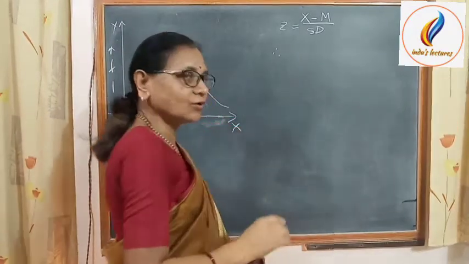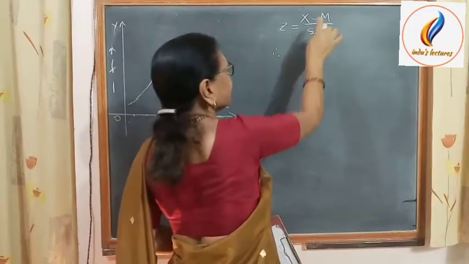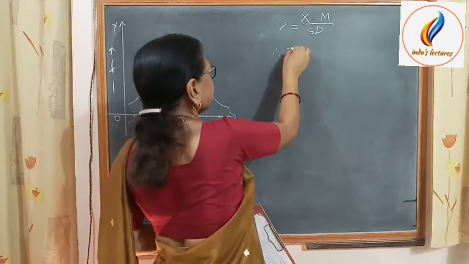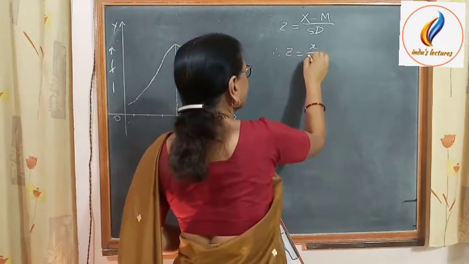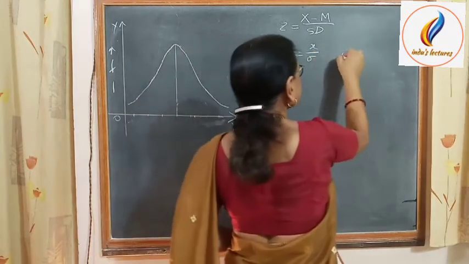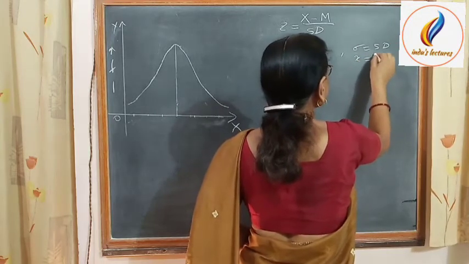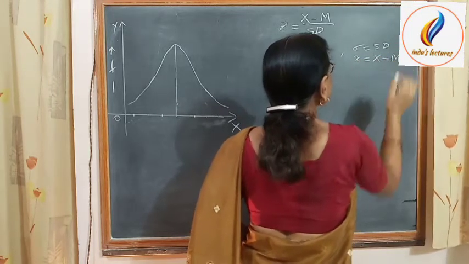If we denote the deviation X minus M, the deviation of score X from the mean, by small x, then it can be written as Z is equal to x upon sigma, where sigma is the SD and small x is the deviation, equal to X minus M.